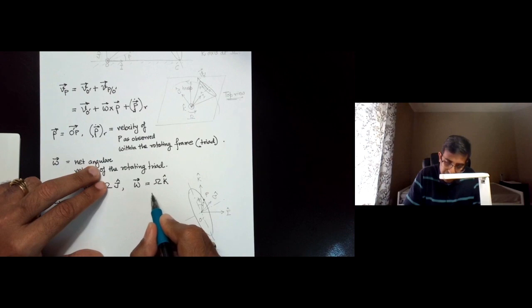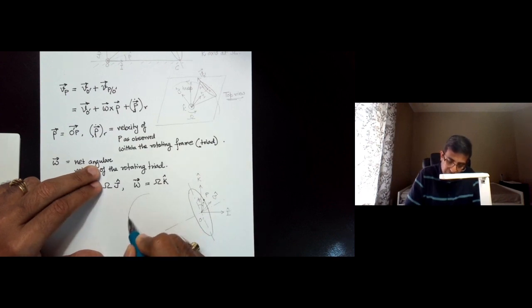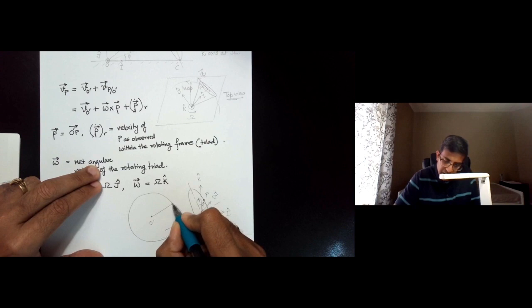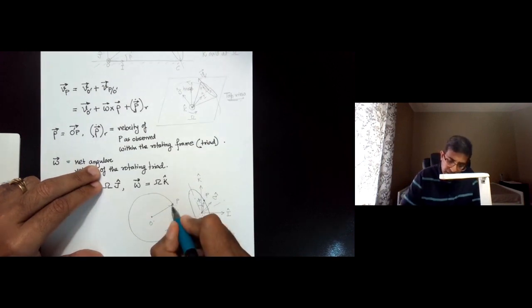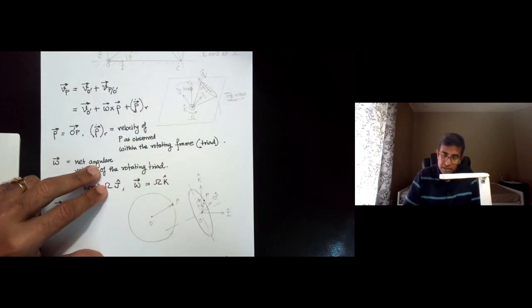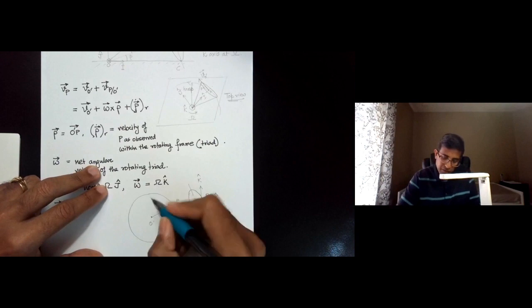Essentially, if you are looking at the circle that forms the base of the cone, then what you are looking at is something like this. So this is O prime, P is here, that's the vector O prime to P. This is, by the way, an inclined circle, so this is an ellipse actually, but I'm just drawing it as a circle to give you a sense of the view.